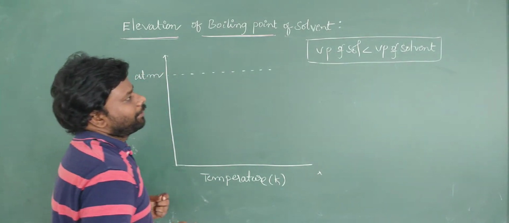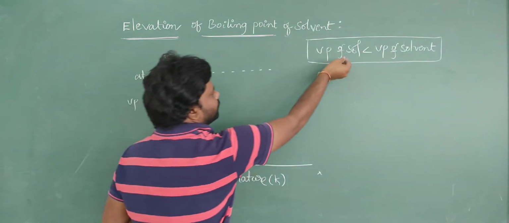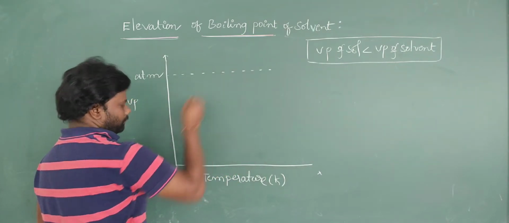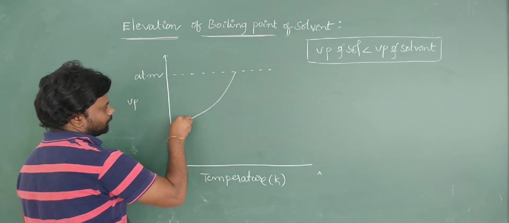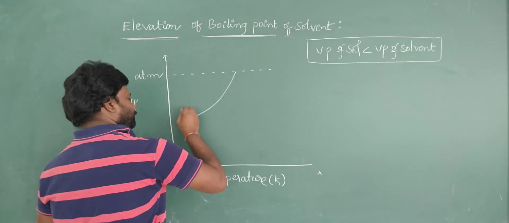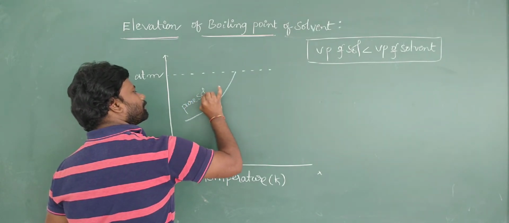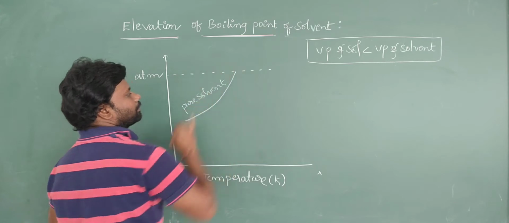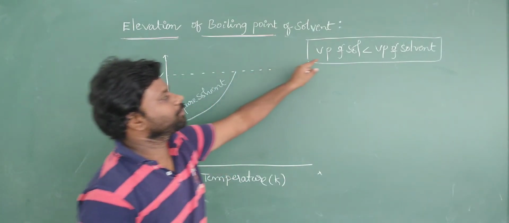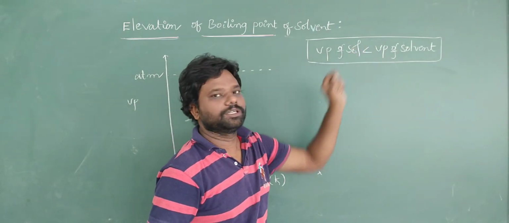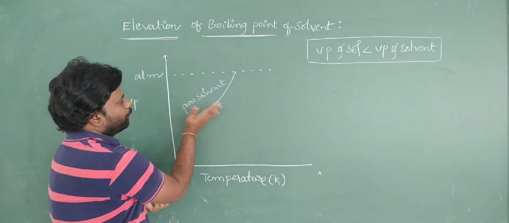Vapor pressure of pure solvent is higher than vapor pressure of the solution. So this curve indicates vapor pressure of pure solvent. Now we can draw the vapor pressure of the solution. Generally, the vapor pressure of the solution is lesser than that of the solvent, so its curve is drawn under the pure solvent curve.